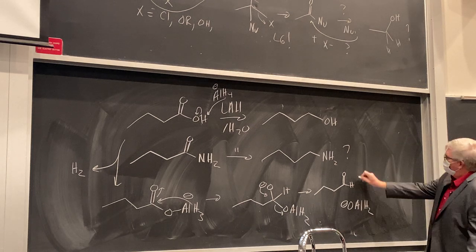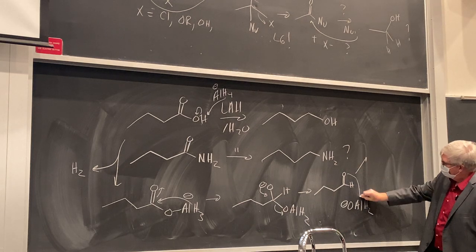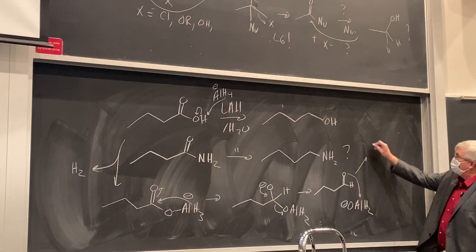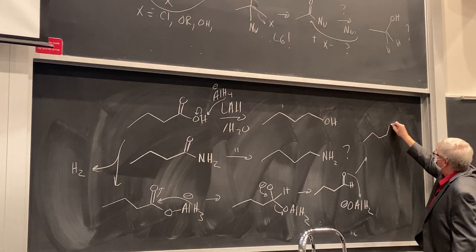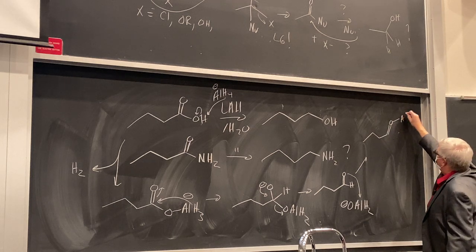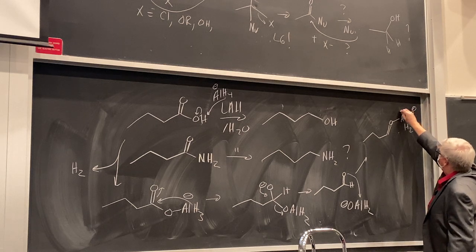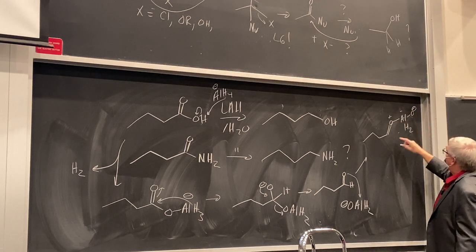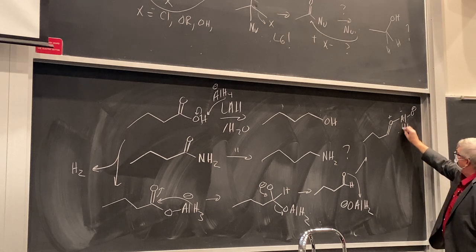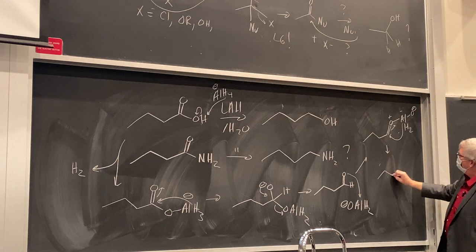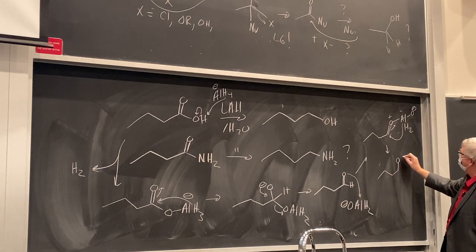Okay. Well, that can add to the aluminum again. It's still Lewis acidic, right? So what do we get? Aluminum H2 O minus, plus charge. Have another hydride add. And yeah, this mechanism's more complicated, isn't it?